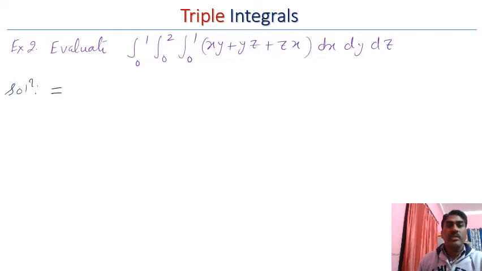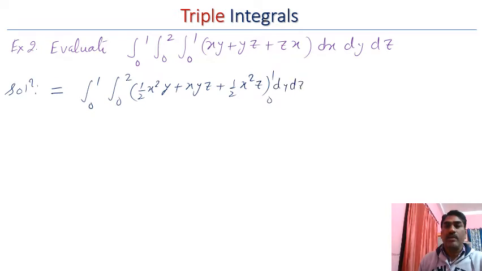So first evaluate the x integral, and you can evaluate any one first because all the limits are constant. So this is 0 to 1, 0 to 2, and evaluate x. So this will be 1 by 2 x square y plus xyz plus 1 by 2 x square z, and the limit is 0 to 1, dy dz.